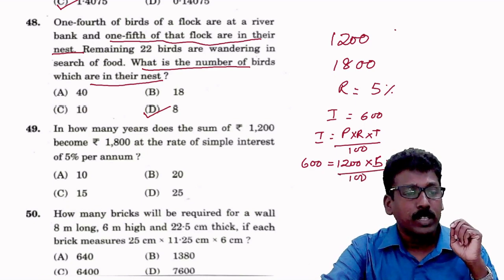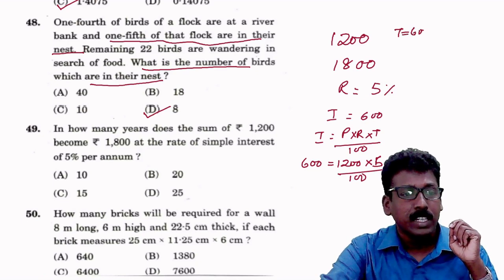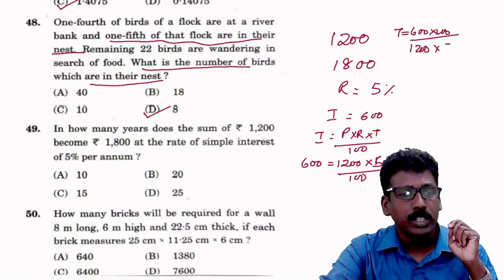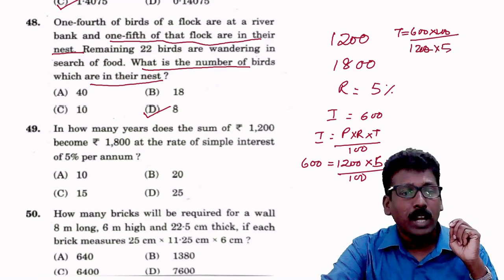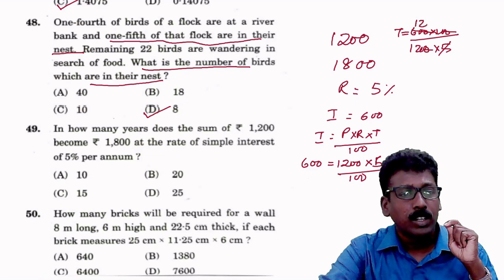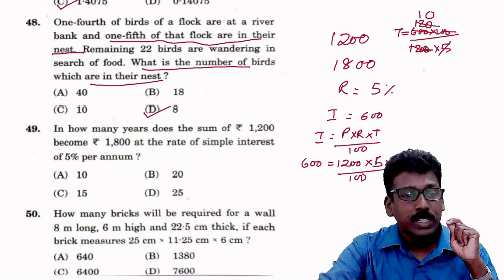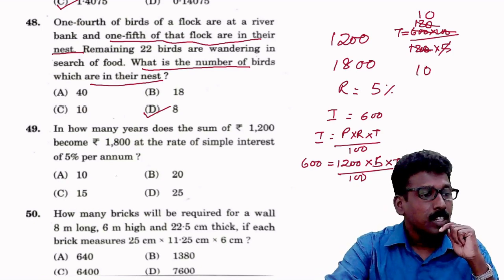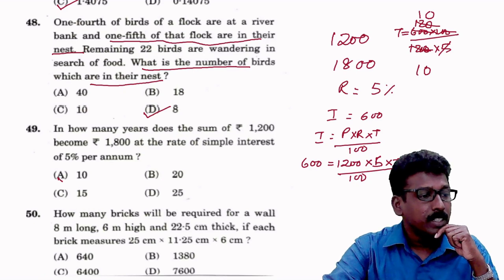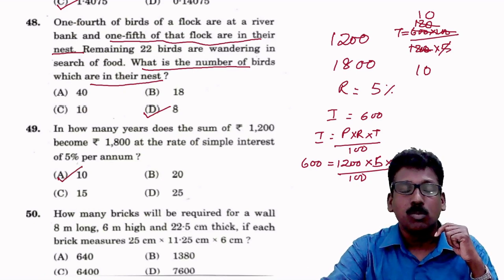Now let us find out T. T means 600, 100 while transposing it will be into 100 and divided by 1200 into 5. So 100, 0, 0 cancelled. 5 in 60, 120, 12, 12, 1, then 0. So T will be 10 years. So yes, option A is the correct option.